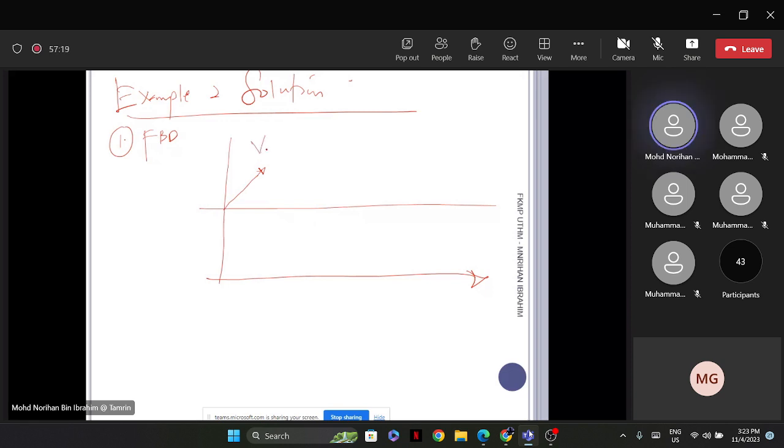So this P, this one is O, V naught is equal to 7.5 meter per second. The angle is equal to 30 degree. So here's the ground. Let's travel like this until it reaches the pile.